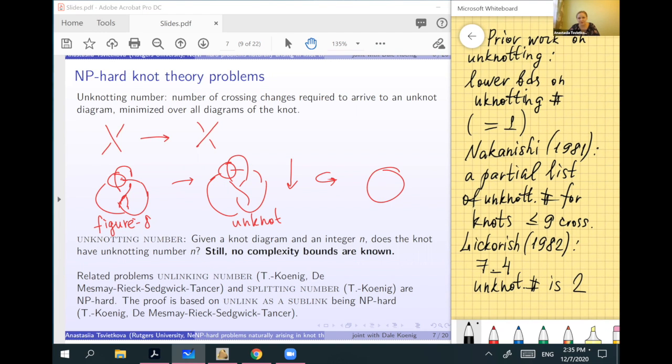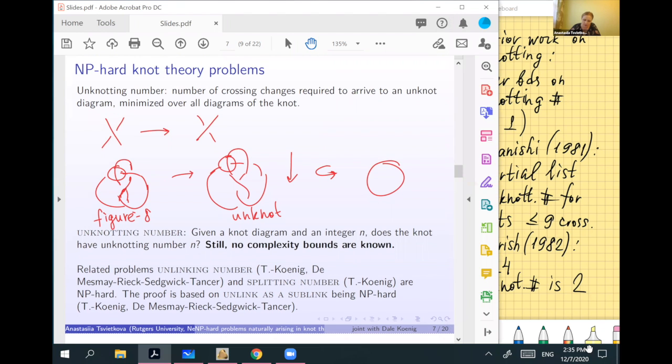So all this hints to the fact that perhaps it is at least an NP-hard problem. But that's something we were not able to prove, so that's still not known. And we still don't know any upper bounds or any lower bounds about the unknotting number problem, if it's formulated as a decision problem. So that's something we looked at.